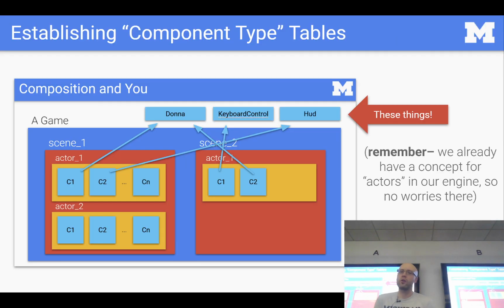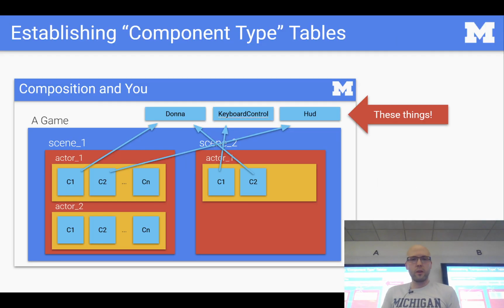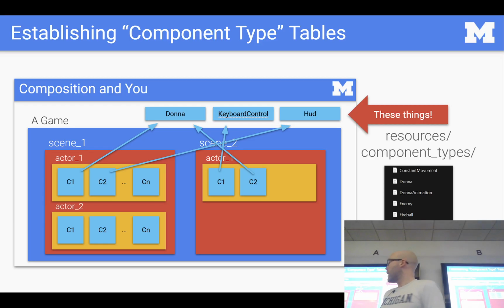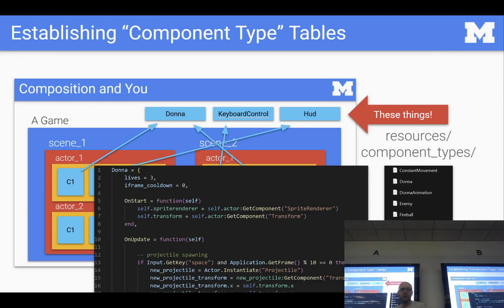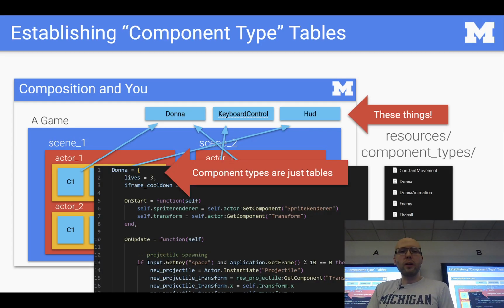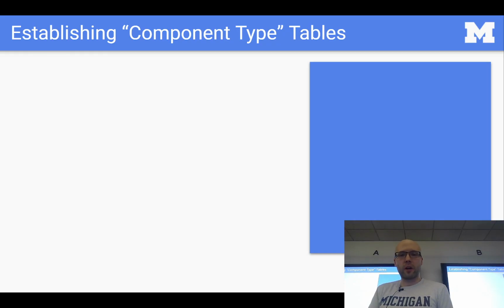These are your components, and they're all in a file, all right? In resources, in component types, you're going to find all of these .lua files, okay? In these files, you're going to find one table apiece. And remember, the table name must be the exact same name as the actual file, okay? This can make some of your coding actually a bit easier if you remember this fact, okay? Component types are just tables, all right?